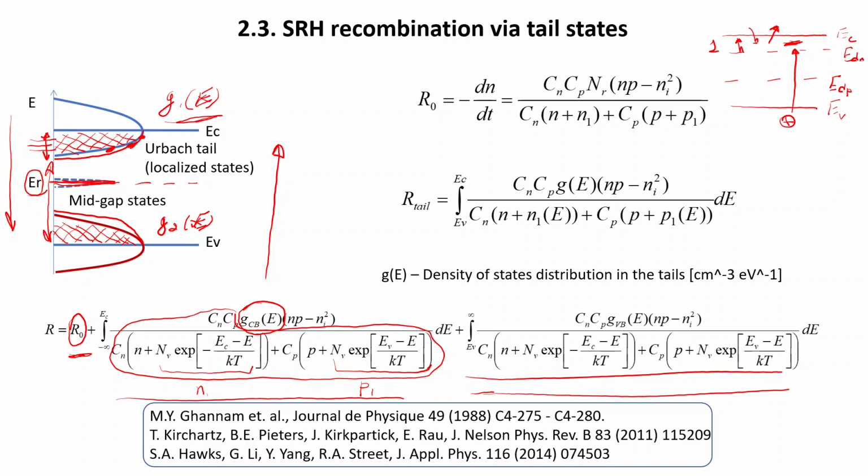So now let us consider region 3. We will skip region 2. If we look at region 3, and here is some energy level, these energy levels located in region 3 should be associated with hole traps. It means it can easily trap a hole, and the probability of detrapping the hole back to the valence band will be higher than the probability of trapping an electron from the conduction band.